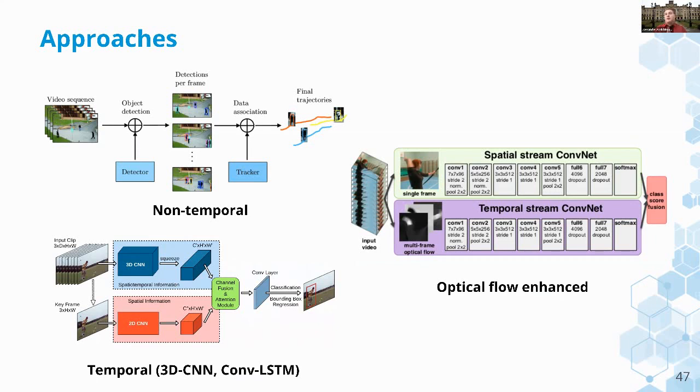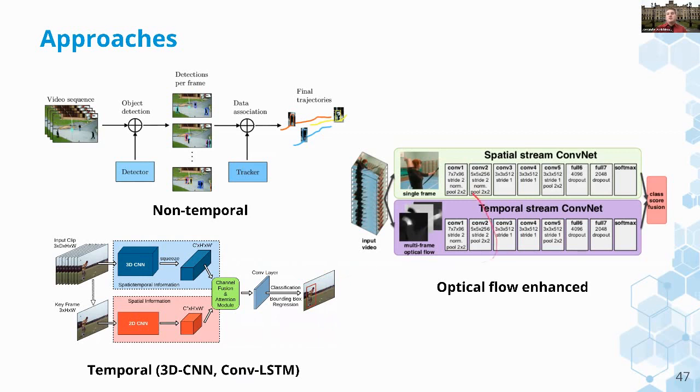They still rely on one-frame object detectors like non-temporal approaches, but they also use optical flow neural networks to aggregate information about the nearest frames in the video, and try to inject this information into our one-frame detector to make it more robust to some of the noise from the video.